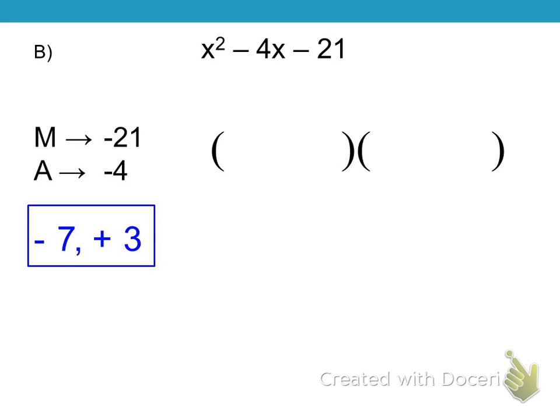X minus 7, x plus 3. Before you box it in, divide both numbers by your lead coefficient of 1. Does that change anything? No. So we're good. If you want to check, you can double distribute.